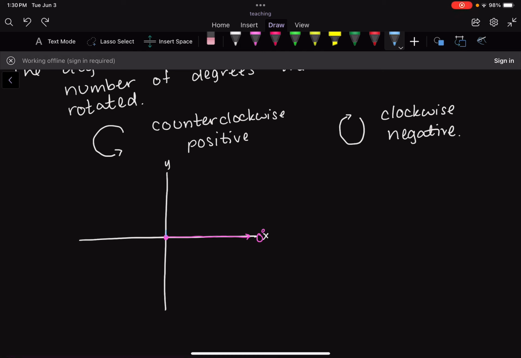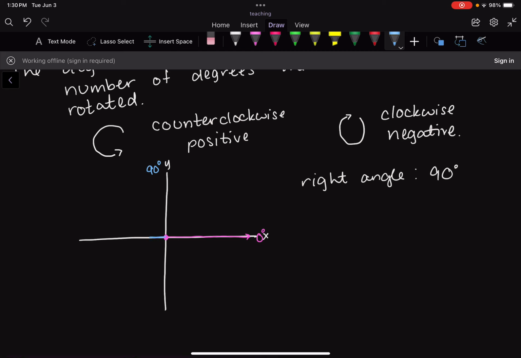Now, if I rotate my angle all the way upwards, this makes a 90-degree angle, so that makes this 90 degrees. This is also called a right angle, so a right angle is 90 degrees.